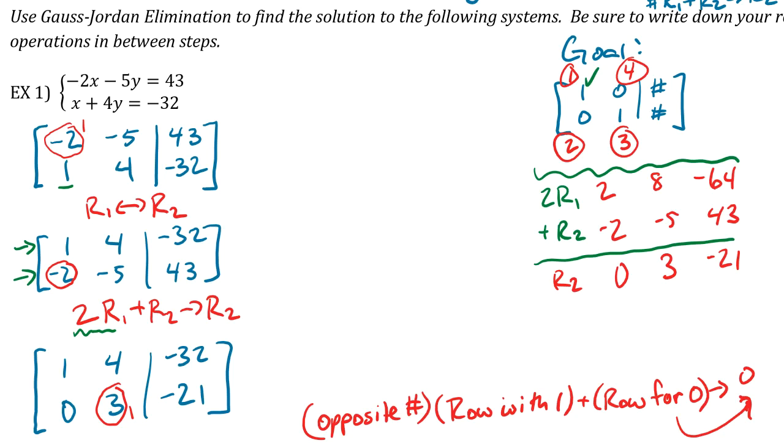So if we want to turn a 3 into a 1, all we really need to do is multiply by 1/3. Alright, because if you have a 3 and you divide by 3, you get 1. So it's 1/3 times row 2, because that's where the 3 is. We'll replace row 2.